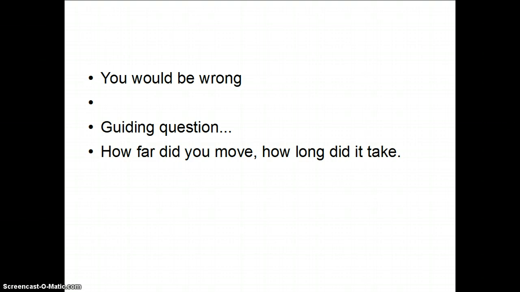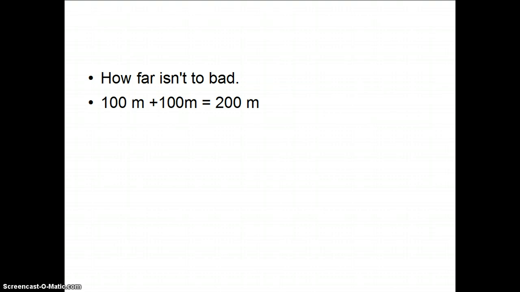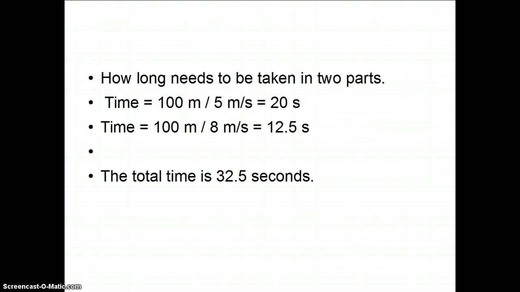In this problem, figuring out how far isn't too bad. We travel 100 meters in the first segment and 100 meters in the second segment, so the total displacement ends up being 200 meters. For the time, time is equal to the distance divided by the speed, and we have to treat this as two different parts because we're traveling at different velocities.